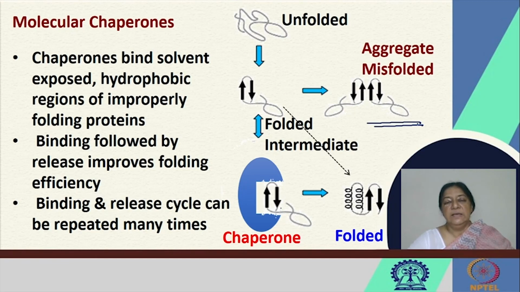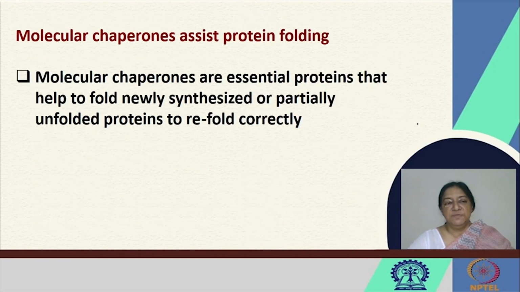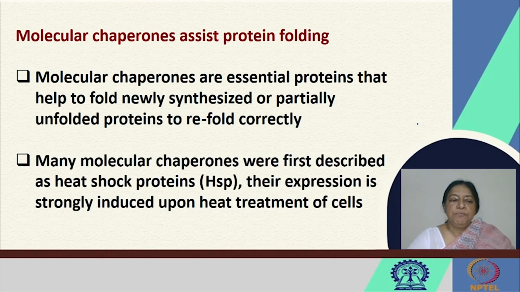And this cycle can be repeated a number of times. So in their assistance of protein folding, they can help to fold either newly synthesized or even partially unfolded proteins to refold correctly, because misfolded proteins could lead to a lot of degenerative diseases.